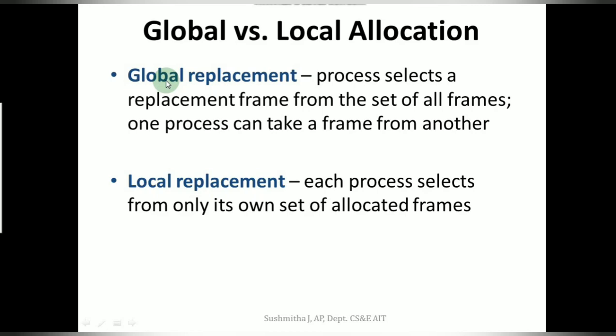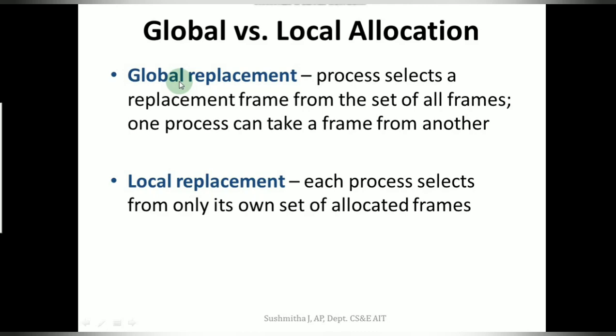So that is global replacement. Local replacement always allows a process to better control its own page fault rate and also leads to more consistent performance of a given process.